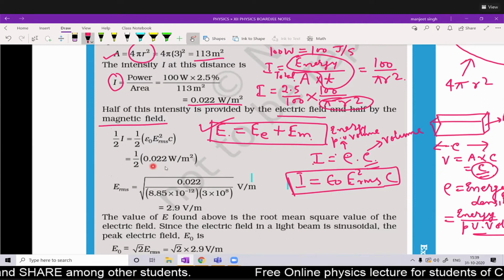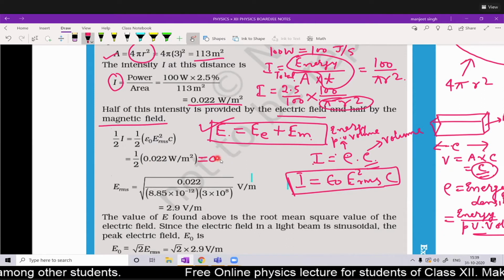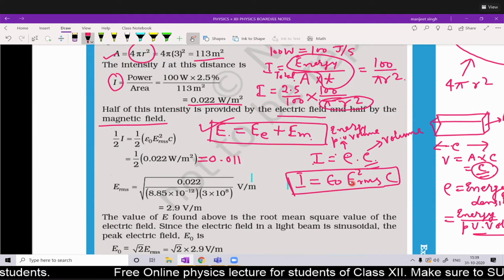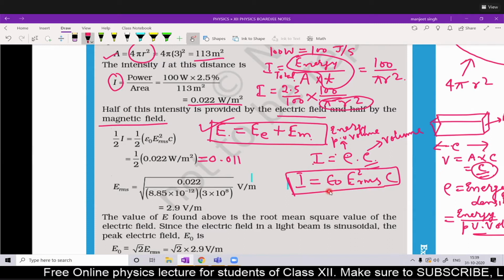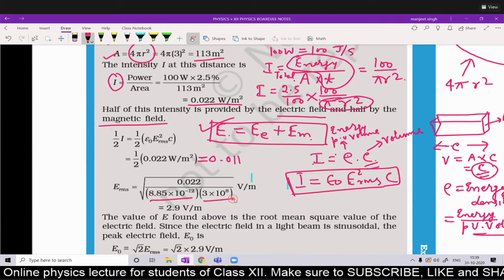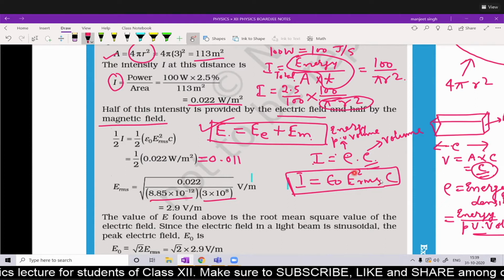So half of this, 0.011, is equal to epsilon 0 ERMS square into C, where epsilon 0 value is 8.85 into 10 to the power minus 12, and C value is this. So ERMS square we can calculate, and from that we can calculate ERMS.